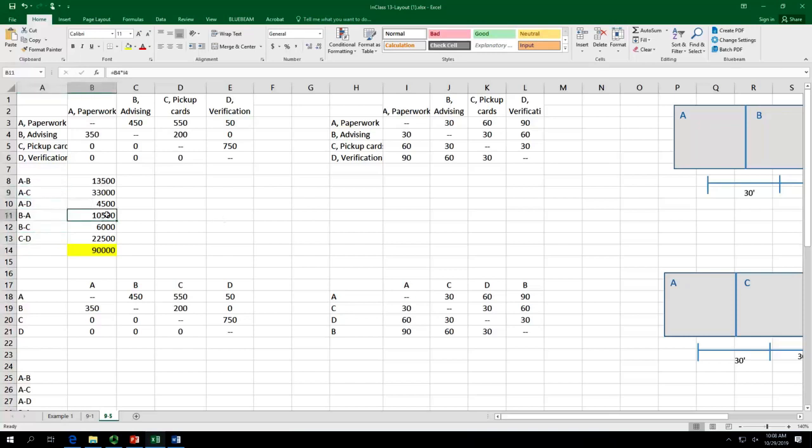BA is off. So if you click BA, here it is BA, the people's count, 350. Here is the BA distance, 30, right? So do we get 90,000? This is the total distance and count and the people.